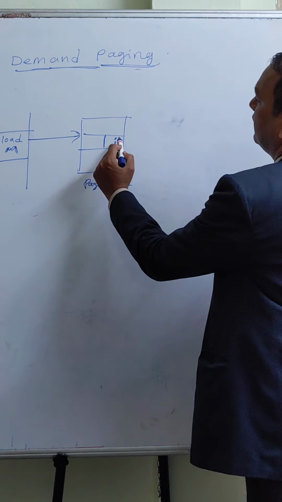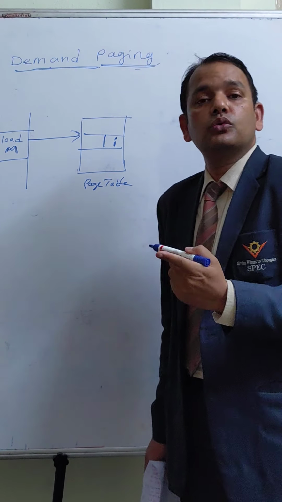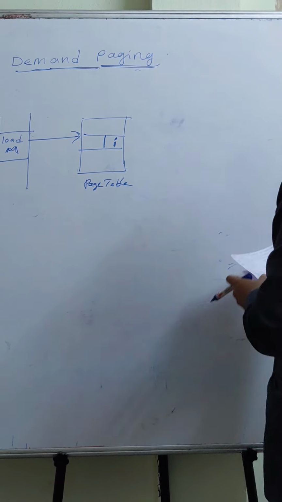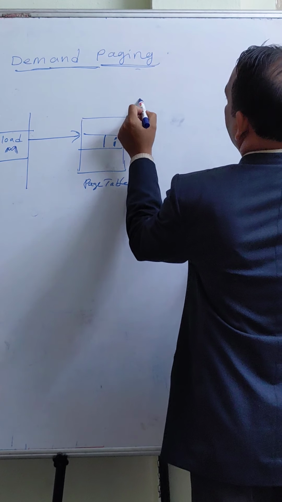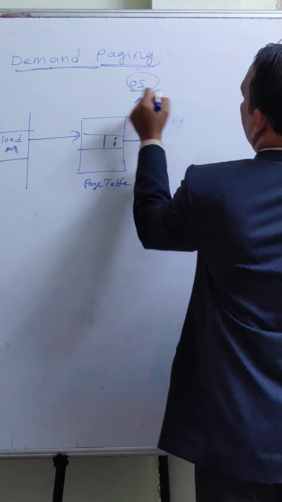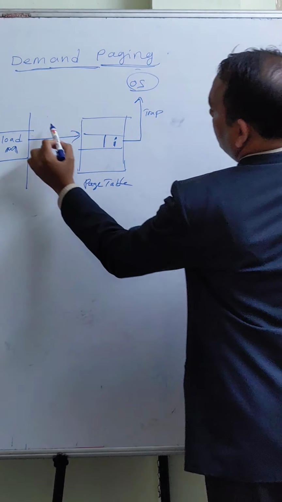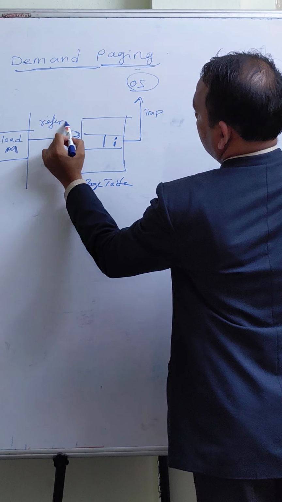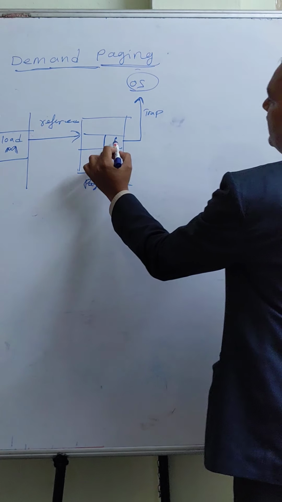I means invalid, so this page we have to load into the main memory. When I triggers to my operating system, this is a trap. This is a reference. This is a trap to the operating system. I means invalid.